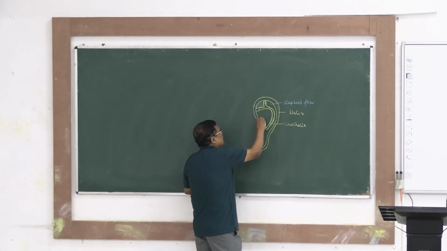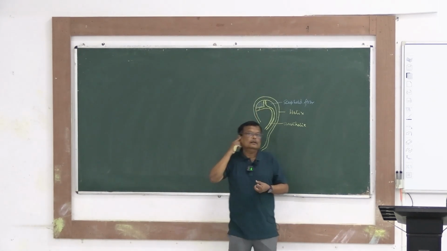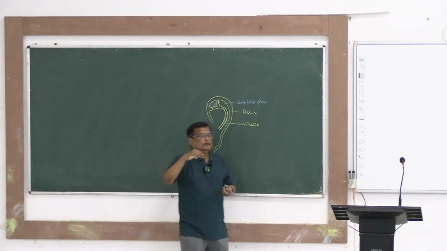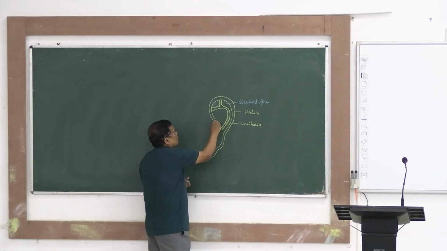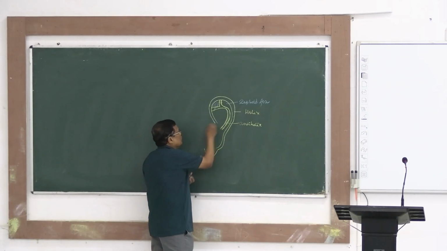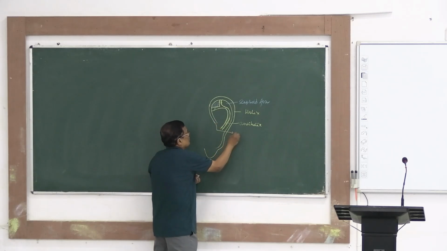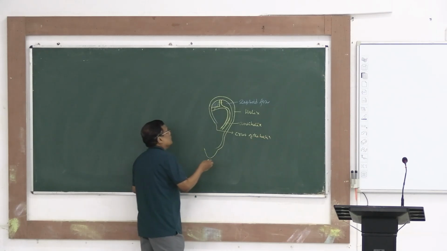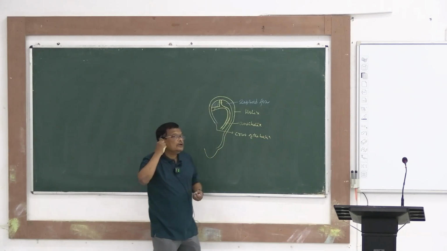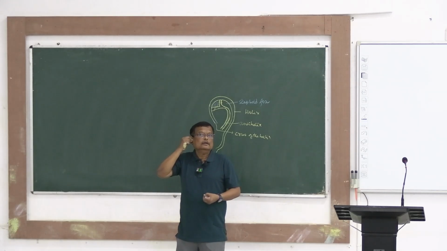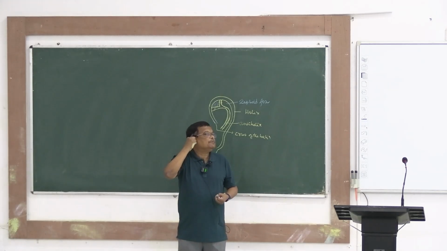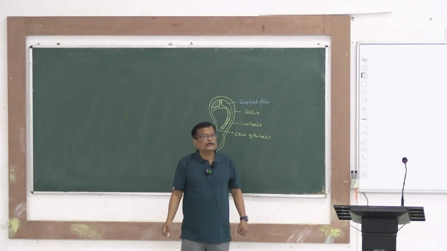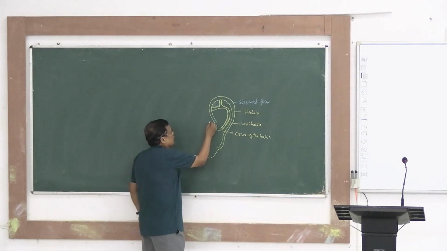And anteriorly, this part of the helix we call cross of the helix. And this raised part, as you already know, we call tragus.